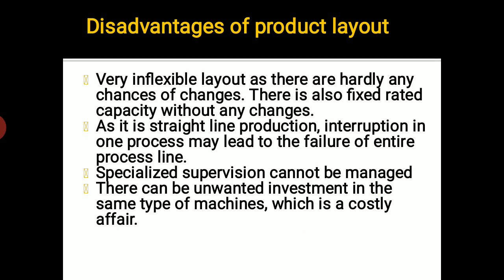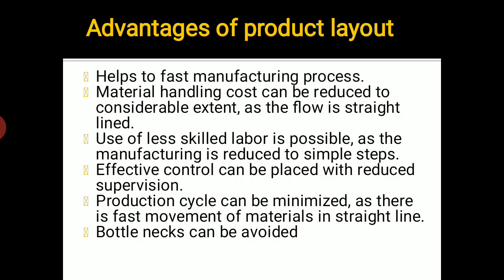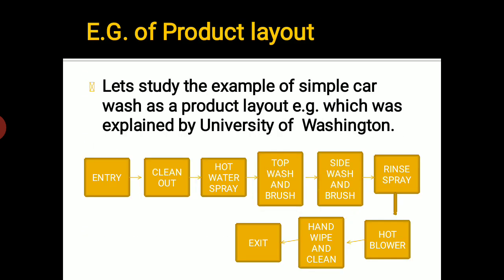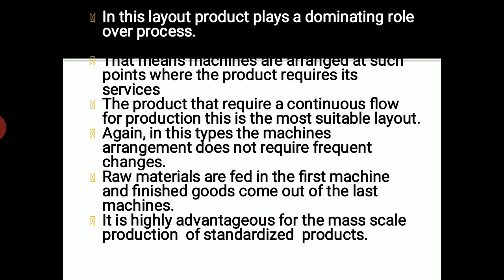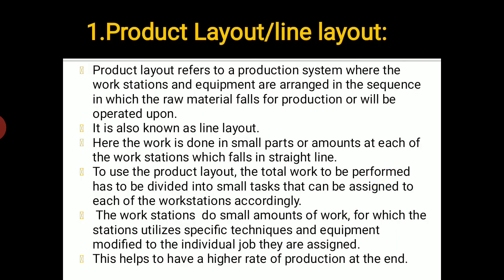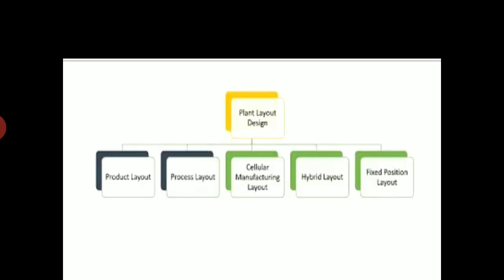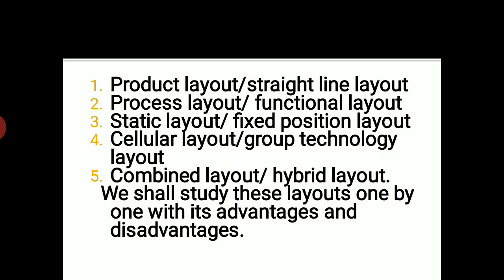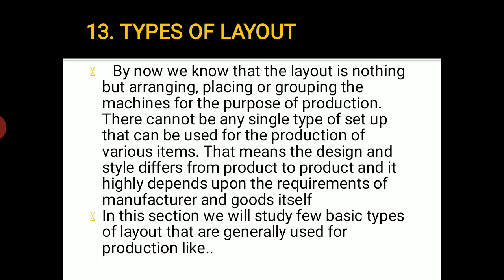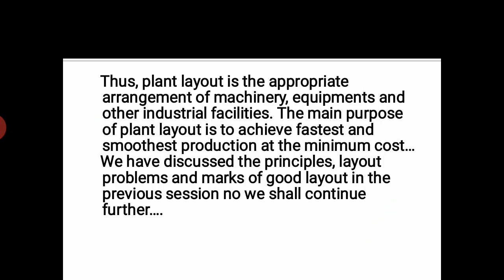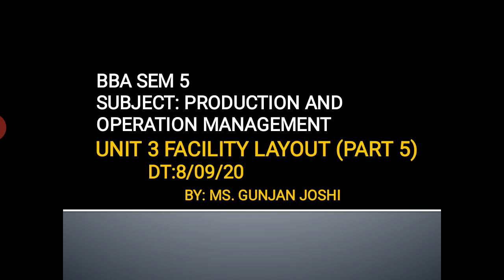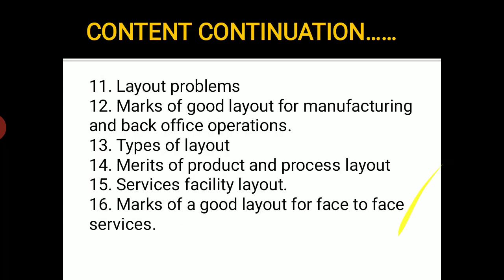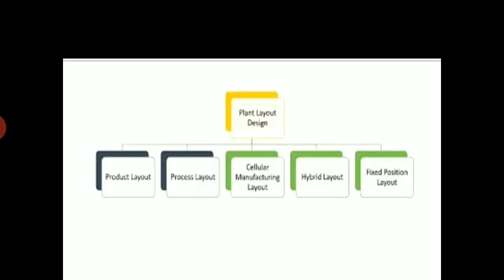We have seen the disadvantages, we have been through the advantages, we have also checked the example and the content. That means if a short note or a long question is asked, you should have enough material to write about product layout. It can be asked as line layout also, or straight line layout, right? Here the 5 main types of layout we have just mentioned, and this is the content that we have seen. As I told you, it's about the end of part 5.